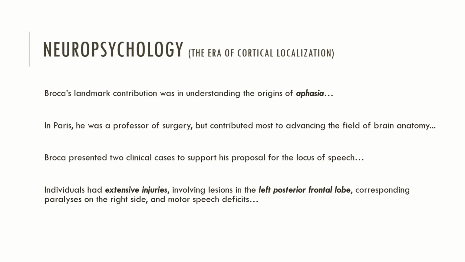Again, this is the idea of a contralateral organization of motor speech. But in other respects, they appear to be intelligent and normal. So Broca started to note that individuals who have motor speech deficits had intelligent or normal other mental functions, which is evidence of differentiated brain functioning based on different localizations.